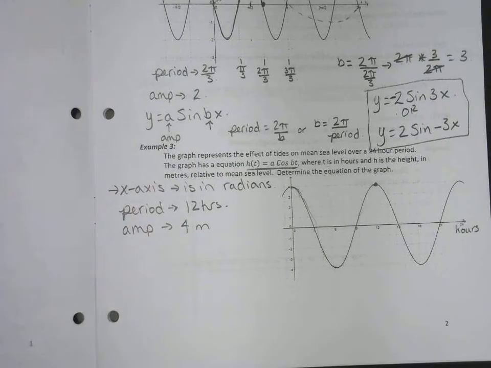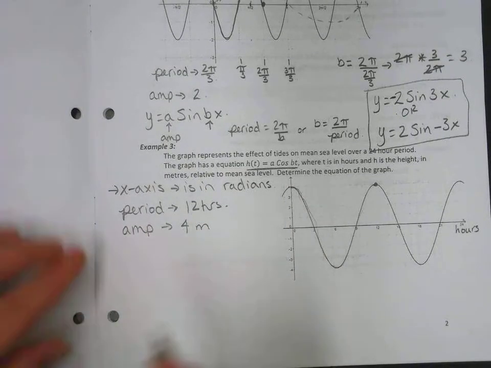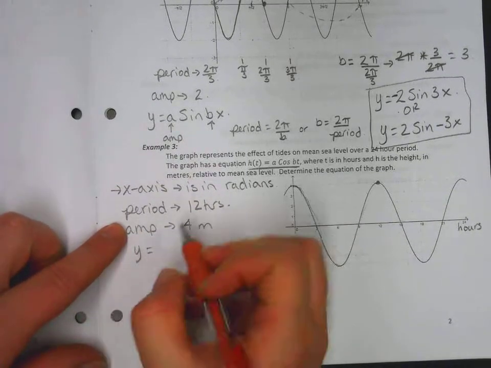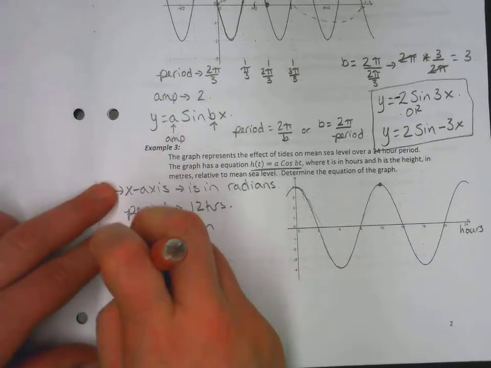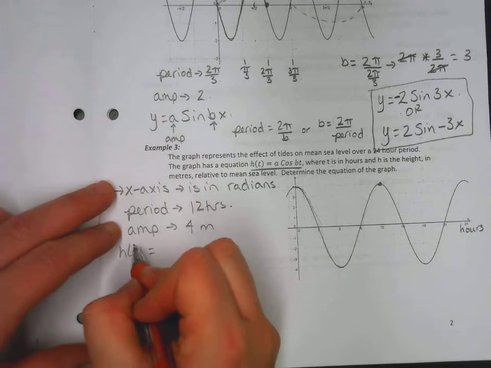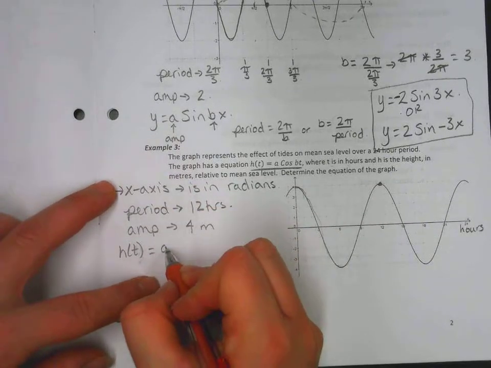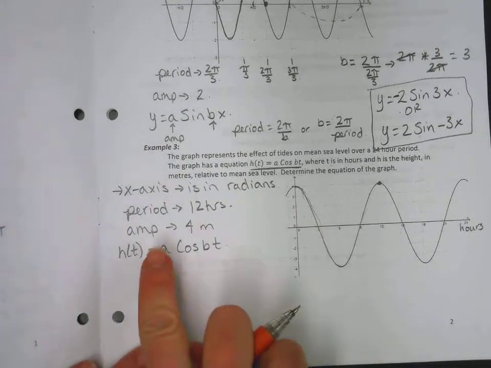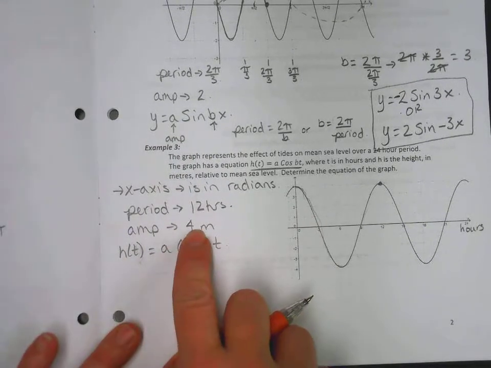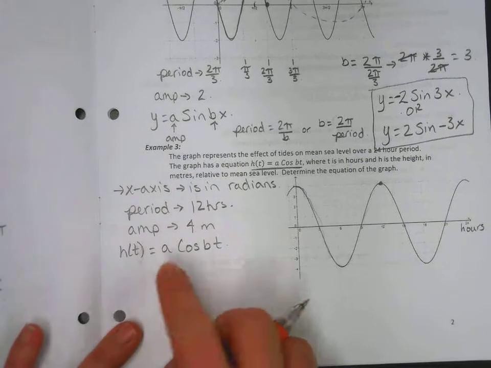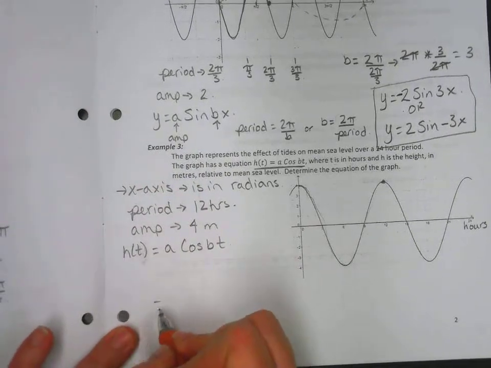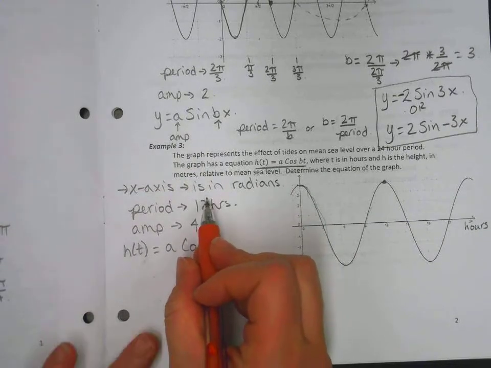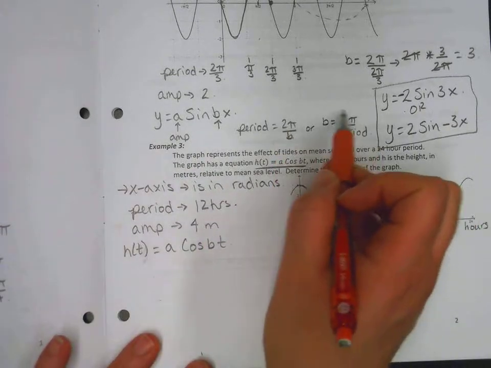Okay, so what would be the equation of our graph? So even though the period is 12 hours, if I want to write the equation, this is h of t, not just y, in this form, right? My a value is easy. That's just your amplitude, so a is 4. To find your b value, you need to go through this work.